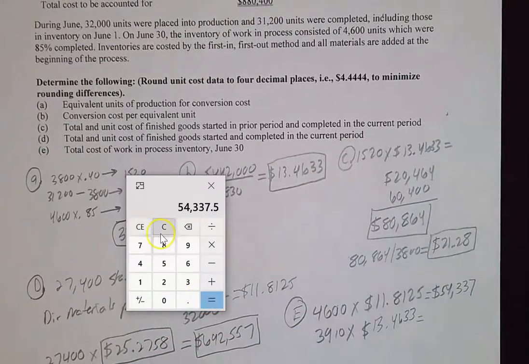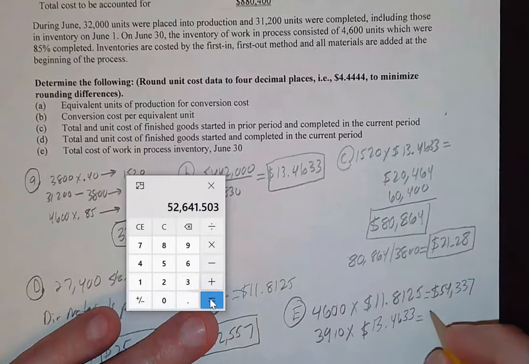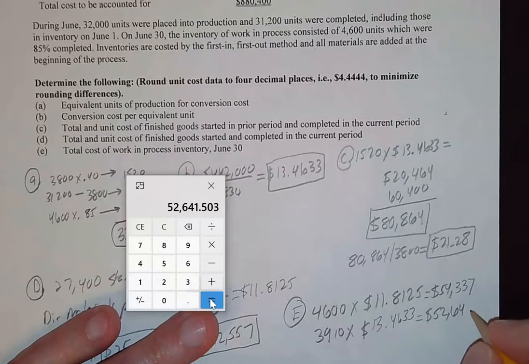Okay, we could have rounded up or down. And then we also have 4,600 units that are 85% complete as to conversion. That's this 3,910 here. And we're going to multiply it by 13.4633, and that's going to give us $52,643.